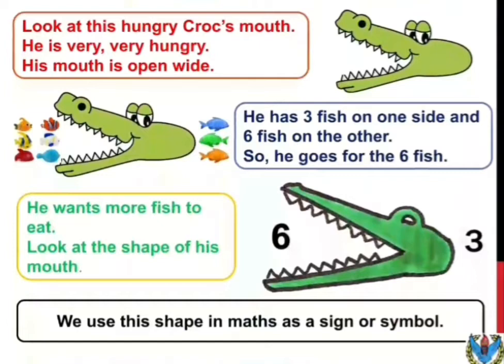Look at the shape of his mouth. His mouth is wide open towards the bigger number, that is towards 6 fish. So we use this shape in maths as a sign or symbol. I hope you get it.